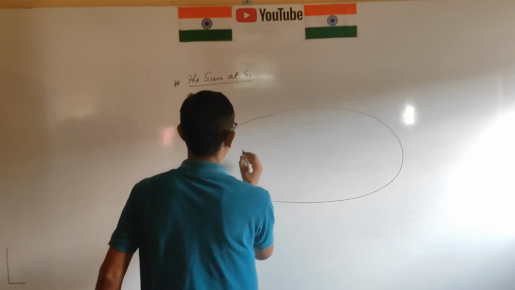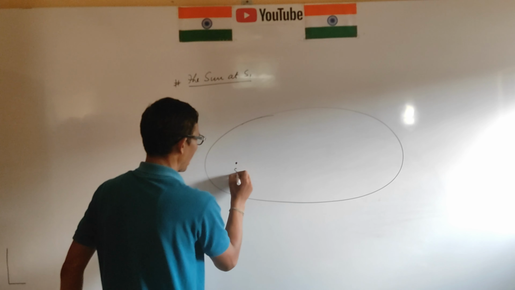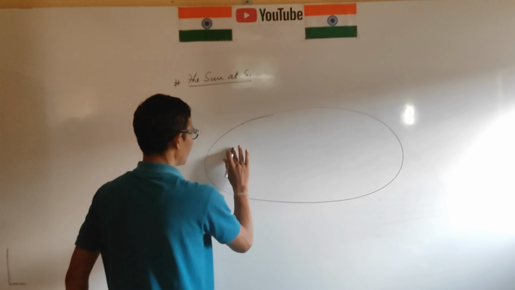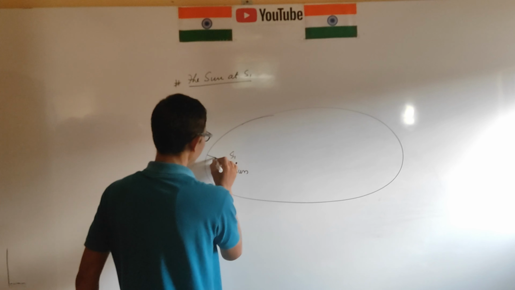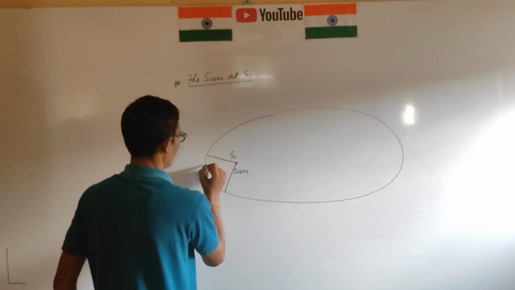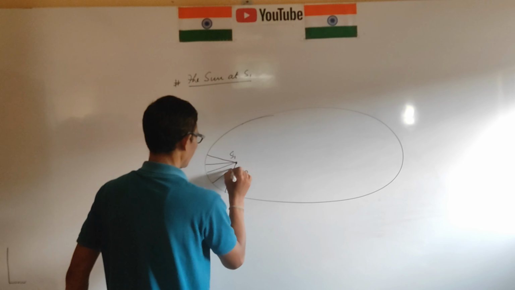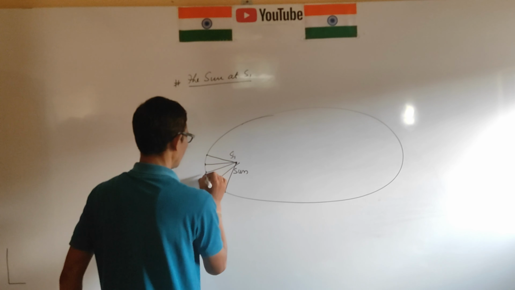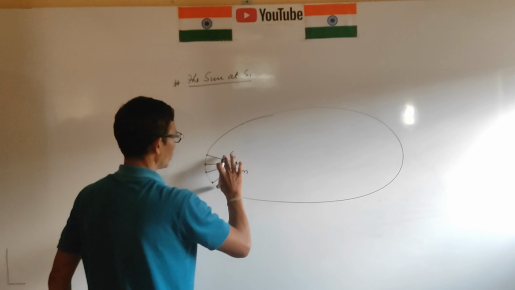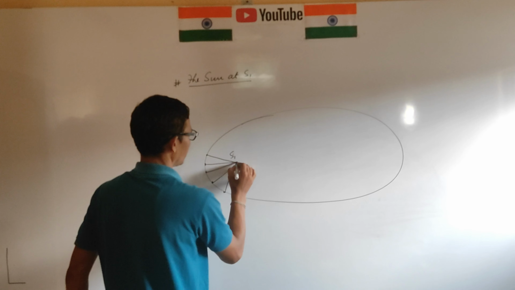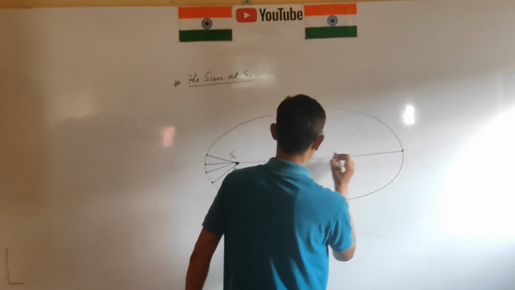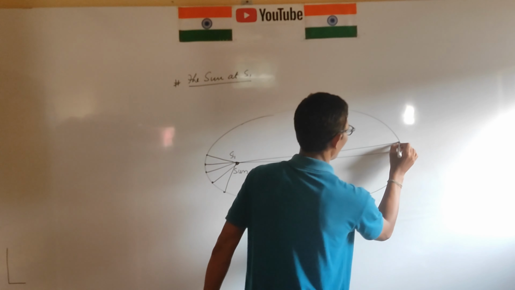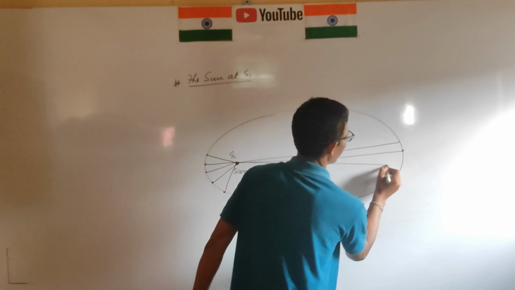Like this. Here is S1, this point is S1. Here is the sun, and this point is very close to the sun S1, and here are the other points.